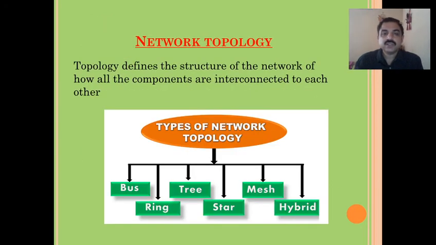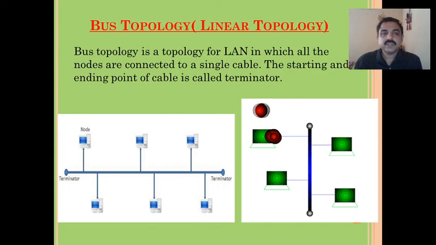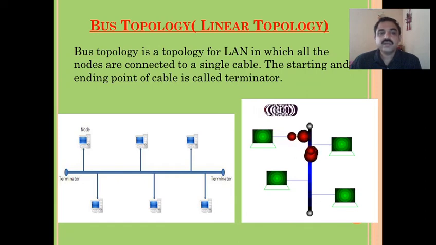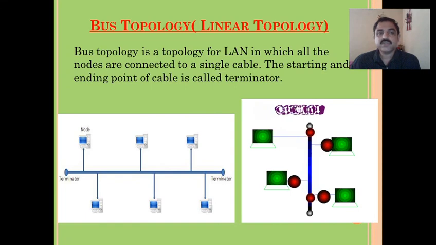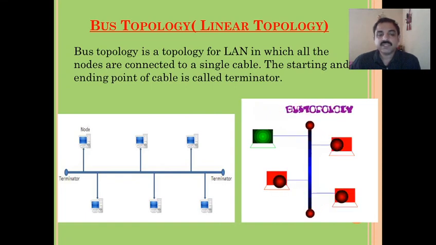Then we saw the topology. Topology is nothing but the arrangement of computers in a network. So mainly, as per the syllabus, we are going to see the topologies: bus, tree, star and mesh. So bus topology, where you will have a central cable, one single cable.